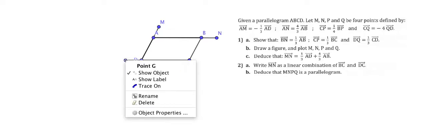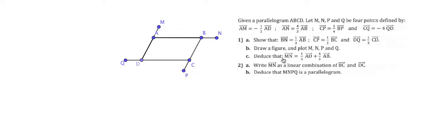Surely by using the ruler, you find the length of CD and you divide it by 3. So here is point Q. And I'm done with part B.